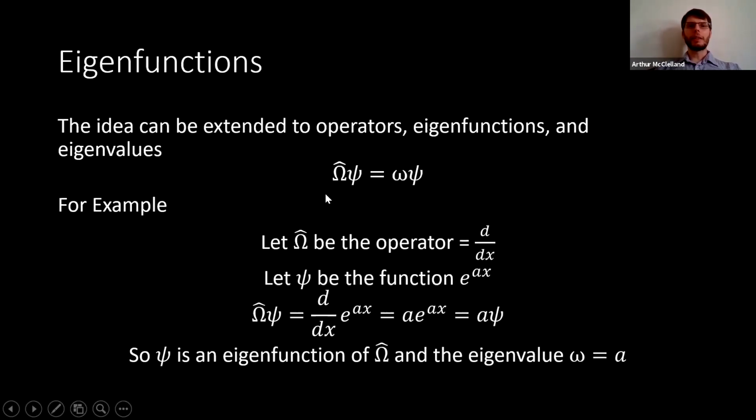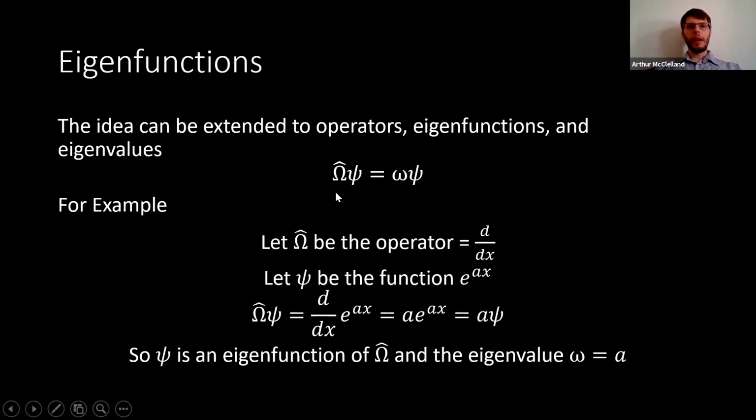And we can have these eigenfunctions with these operators. So omega hat psi equals lowercase omega psi, where lowercase omega is again an eigenvalue. So we've gone from eigenvectors to eigenfunctions, and it's just one level more of abstraction, but it's the same fundamental form.